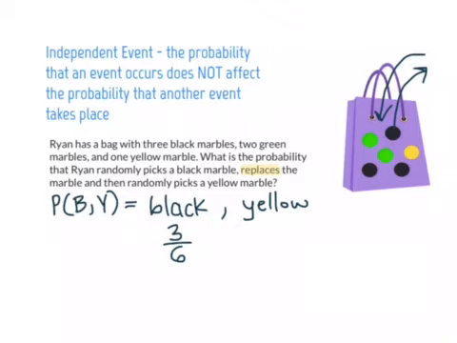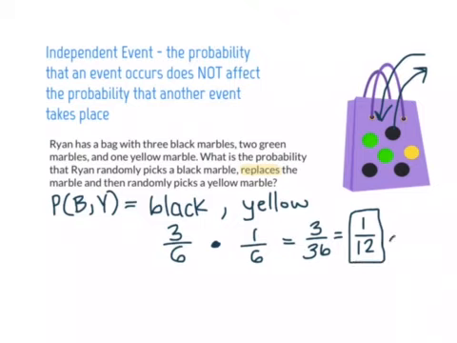So when we choose the yellow marble, we still have 1 to choose from out of a total of 6. We multiply these together, which gives us 3 out of 36. Simplifying the fraction, we get 1 out of 12, which is about an 8% chance of this happening.